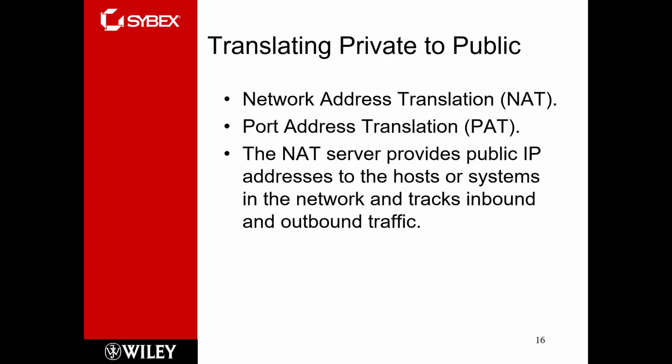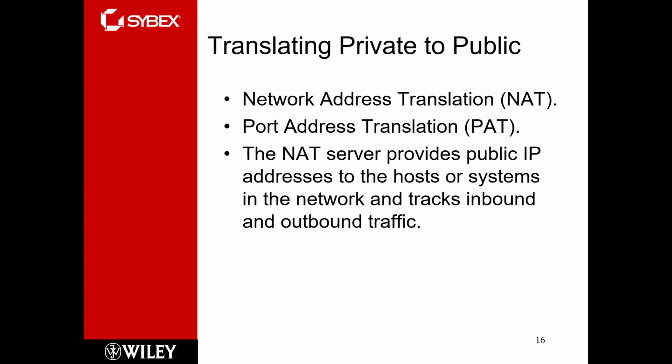So that's why we can all have a 192.168 address, and we're all still allowed on the internet. That's because those addresses are not really addresses on the internet. Our router has either NAT or PAT set up automatically that will translate all of our private addresses to the public address that our internet service provider, ISP, gives us.